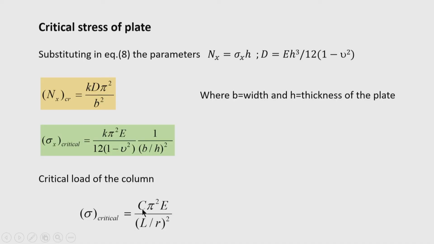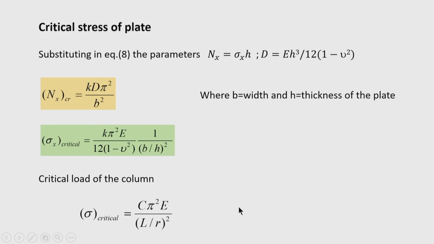Similarly, in the column with pinned ends, the buckling load is the standard Euler load pi square E I by L square, and in terms of the critical stress parameter it can be written as C pi square E by (L by R) square, where C is actually a constant term. This constant depends on the boundary condition. For other boundary conditions, say fixed, it will be different.